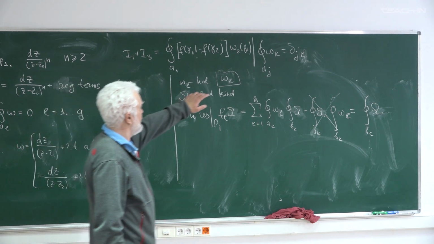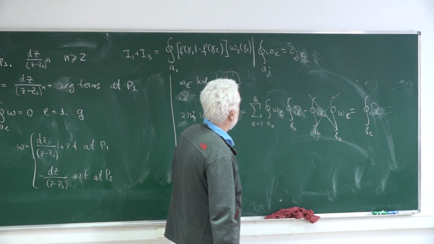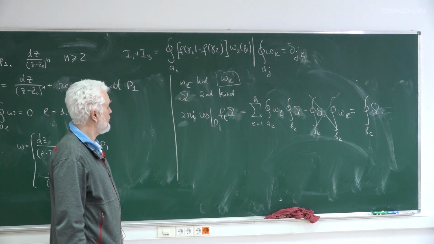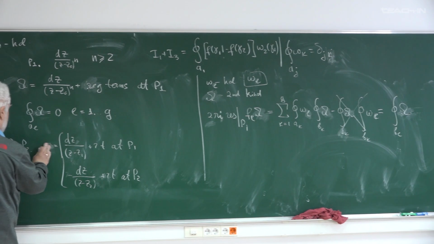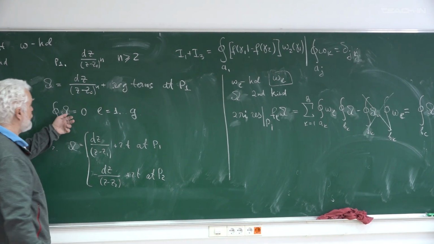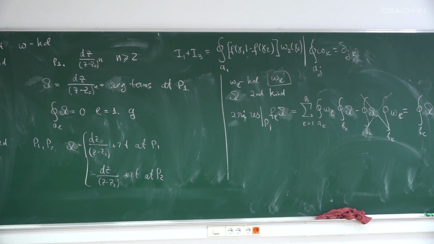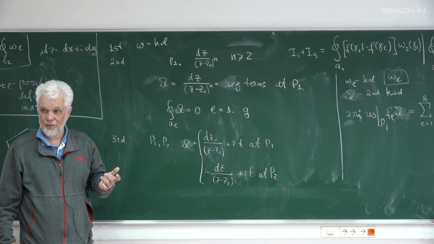Let's note it: omega. The integral over all A cycles. We use normalization. For the differential of second kind, all A integrals are equal to 0.